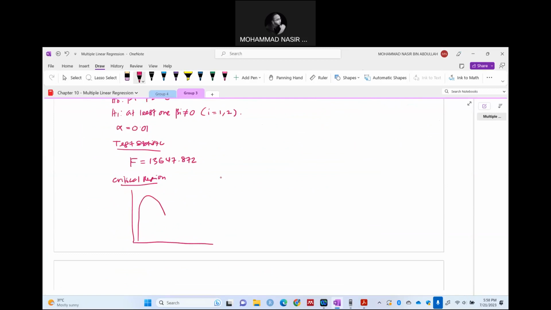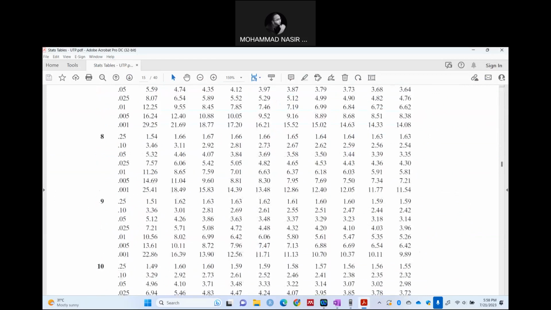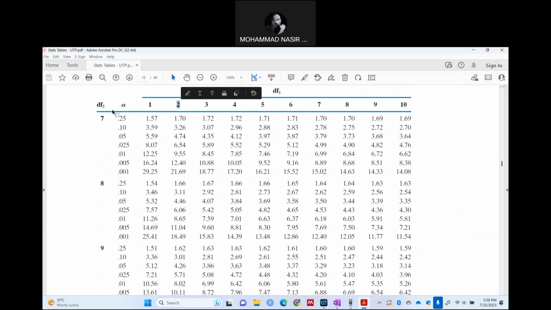So our rejection area is on the right hand side. So this is F alpha DF1, DF2. So F 0.01. Degree of freedom number 1 is 2. Degree of freedom number 2 is 7. So this one should be how much? Table 8. Right. 2 and 7.